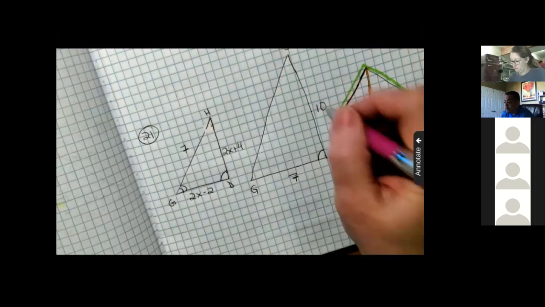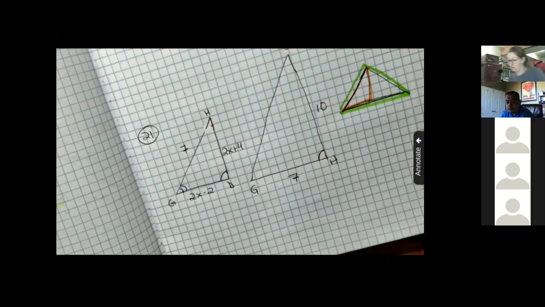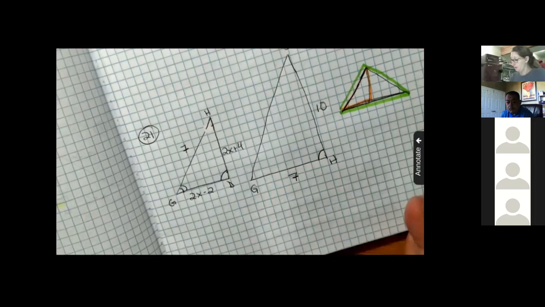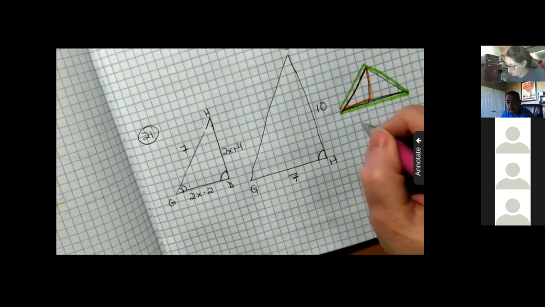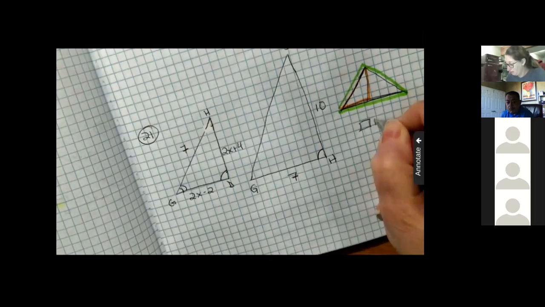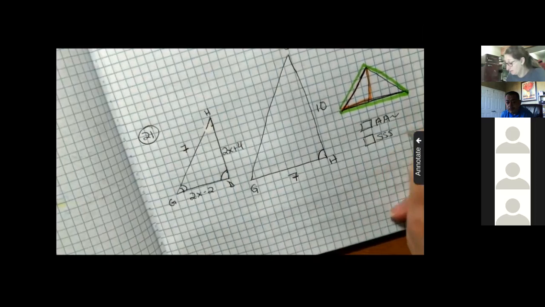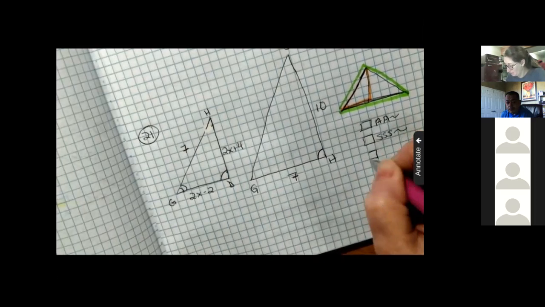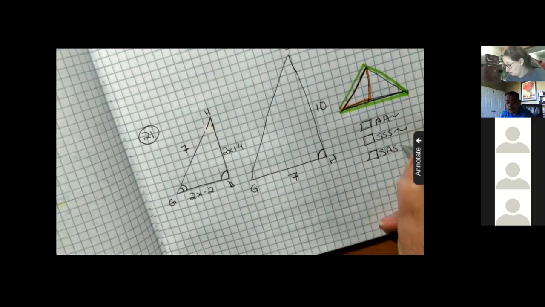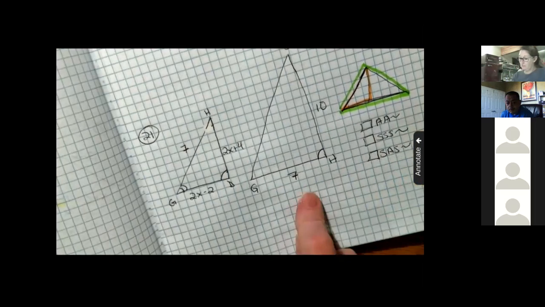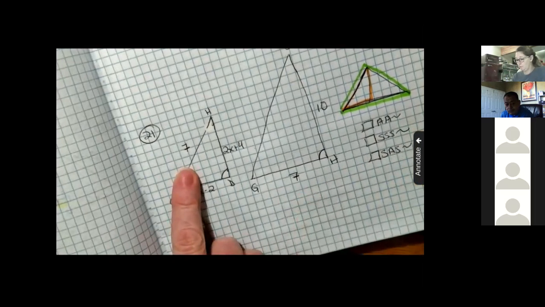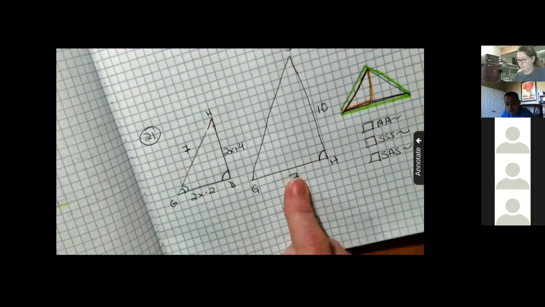Okay, so now, again, for my similarity statements, I either have angle-angle similarity, side-side-side similarity, or side-angle-side. Okay, so now, 7 and 7, well this 7 is not the same as this 7.